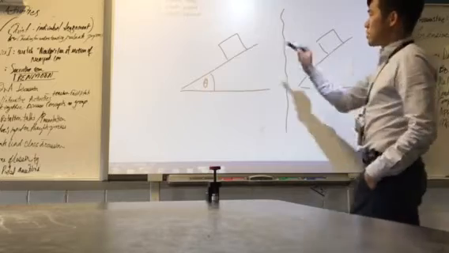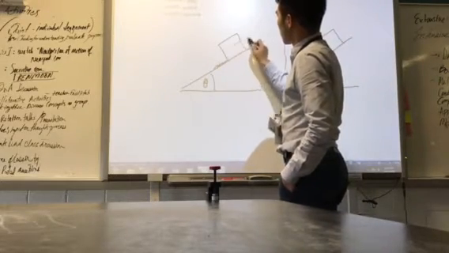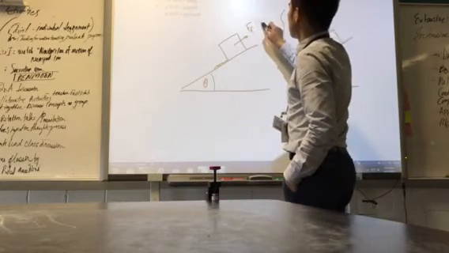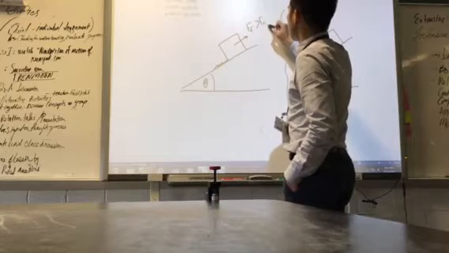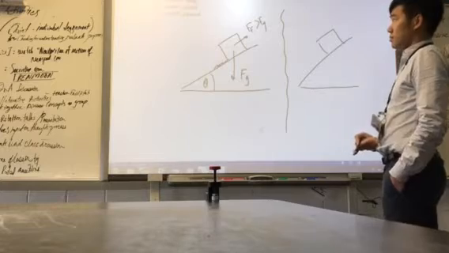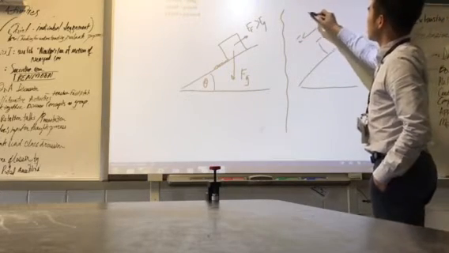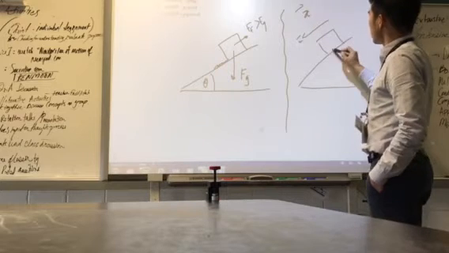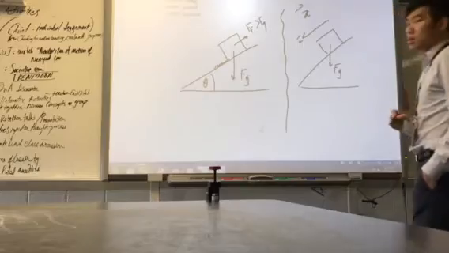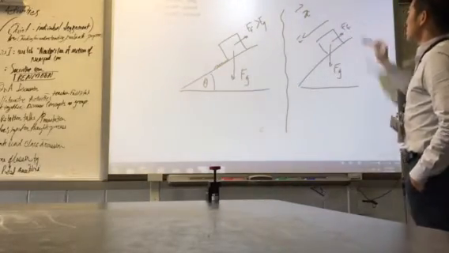This is the box not moving, so we know for sure that the frictional force is greater than mg. But if the box is moving with acceleration, we know for sure that Ft here is greater than the frictional force.